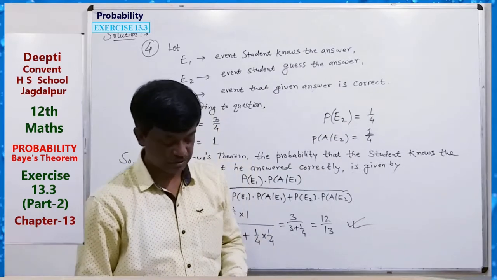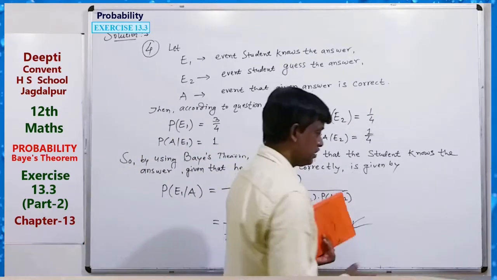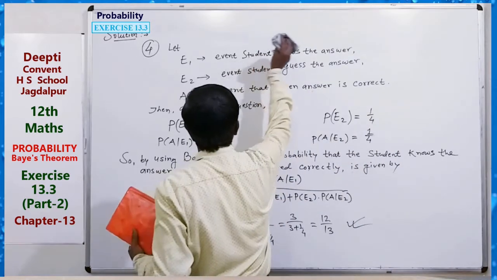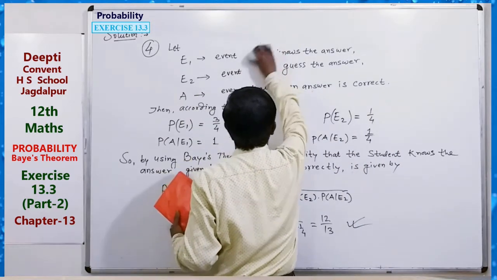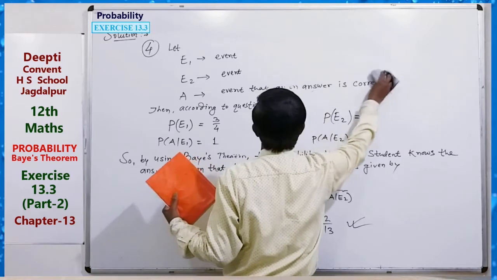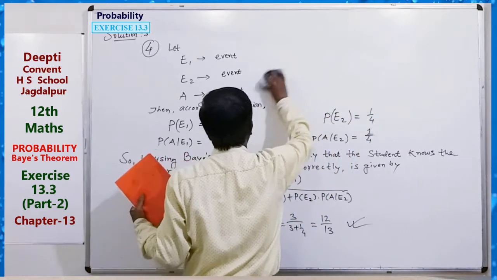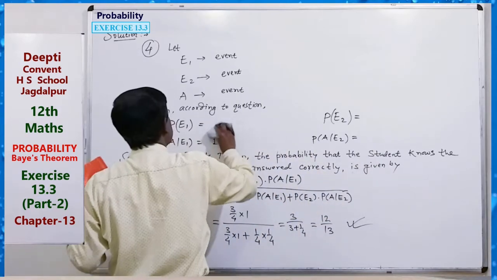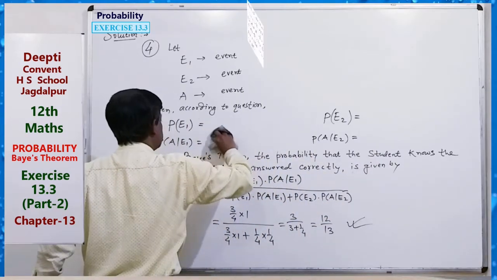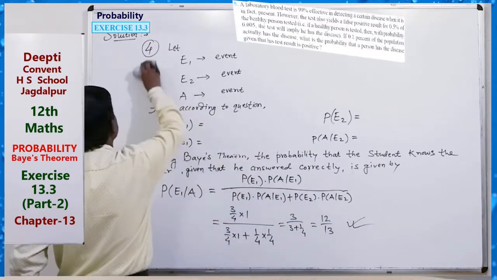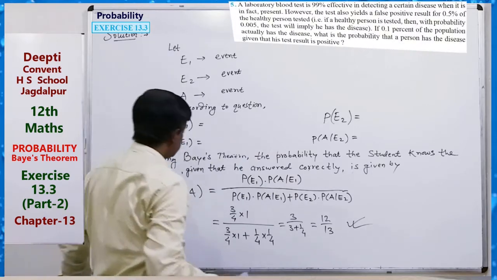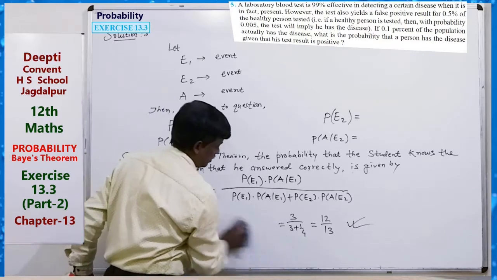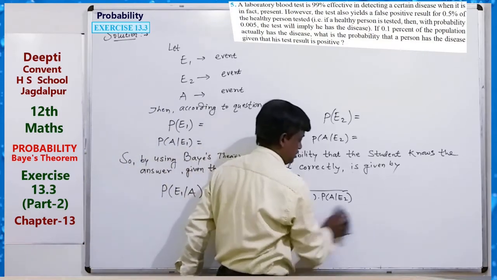Okay, so we have to set up the events. Here also two things are given: the person has the disease, or the healthy person has no disease.